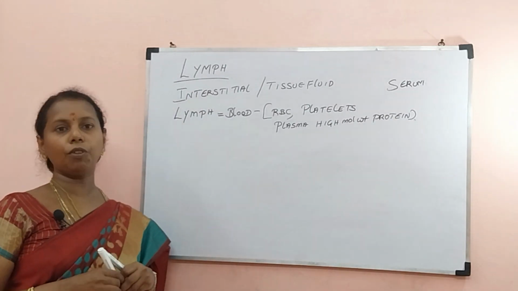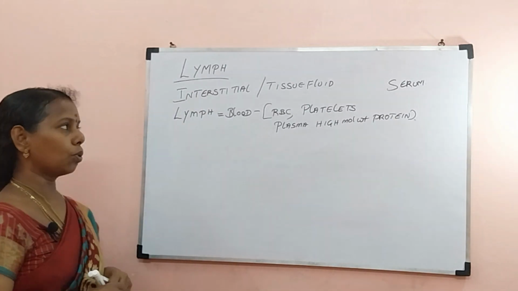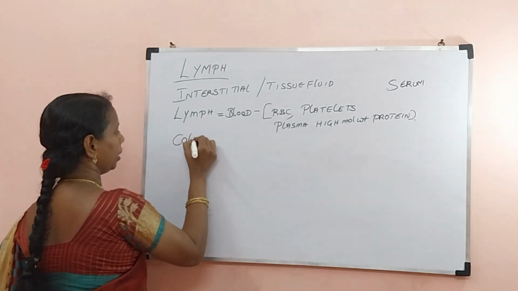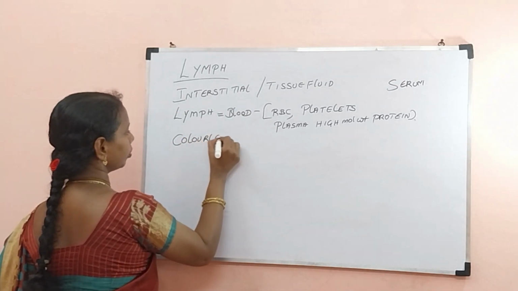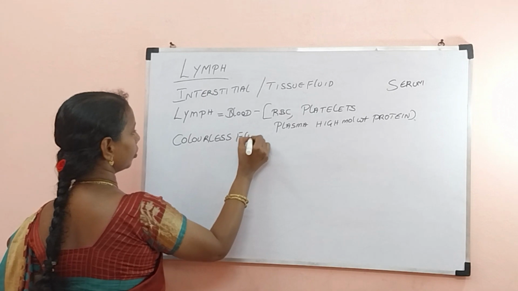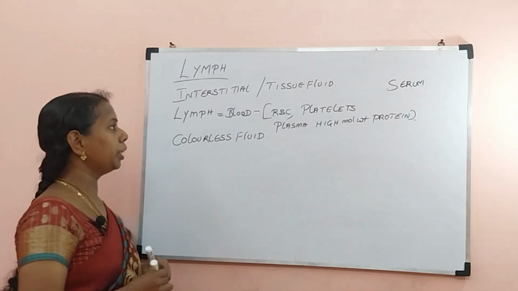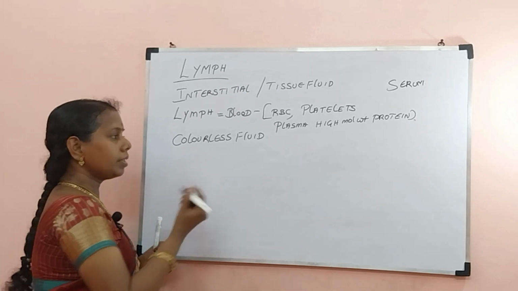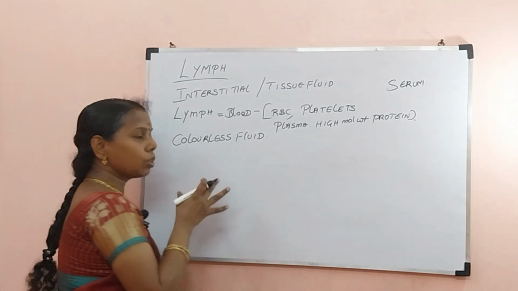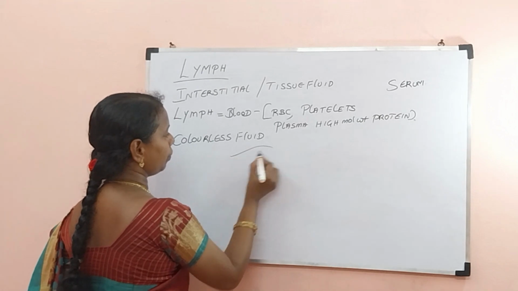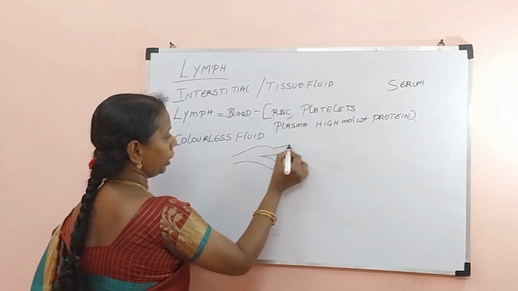Is there any color for the lymph, children? No, it is a colorless fluid. You can't find any color. As I told you, just like blood vessels, we can find the lymphatic vessel and then the minute vessel.